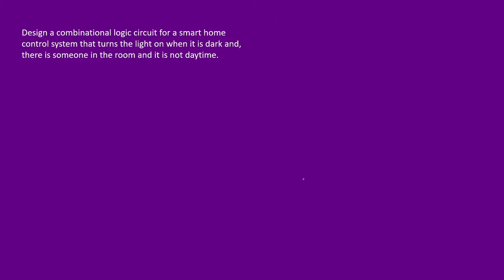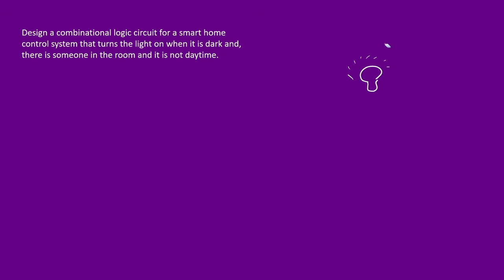Let's see if we can get our hands on one more question. Design a combinational logic circuit for a smart home control system that turns the light on when it is dark and there is someone in the room and it is not daytime. So, what's going on here? The first thing we can establish is that our output is going to be a light bulb.